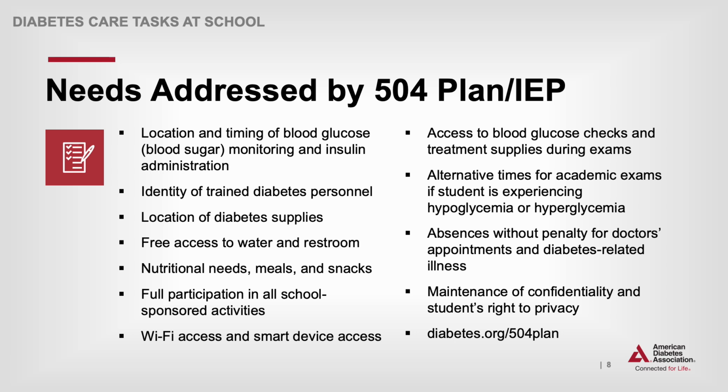Anticipating such events and proactively addressing them when the plan is written will not only ensure the student's safety and full participation, but also help to avoid misunderstandings and potential conflict between the school, the parent or guardian, and/or the healthcare provider. A sample 504 plan can be accessed on the American Diabetes Association website.